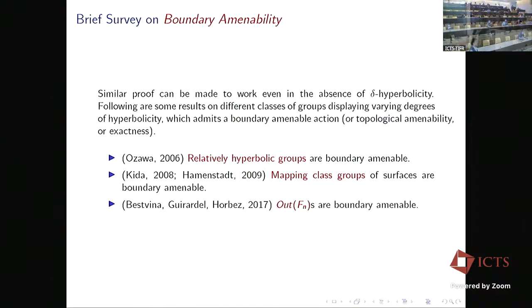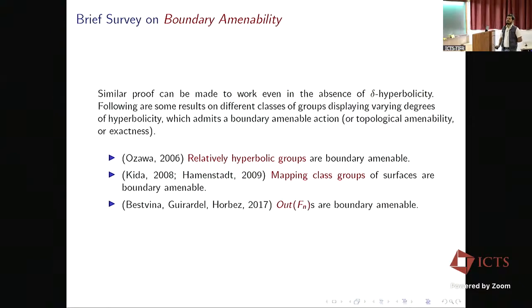Kida and Hamenstädt proved that mapping class groups of non-exceptional surfaces, say, are boundary amenable. So their proofs are quite different. Hamenstädt's proof is on something called complete geodesic laminations, and boundary amenability on the space of such objects.